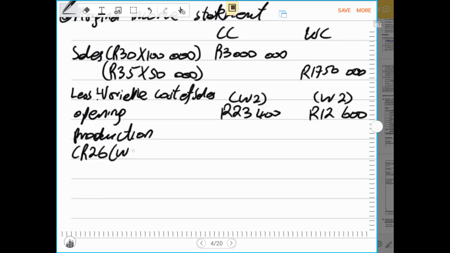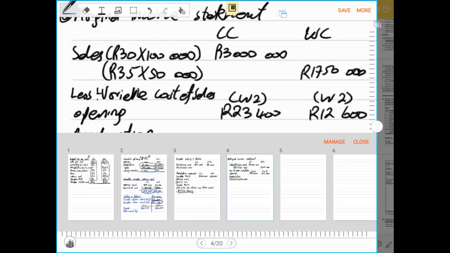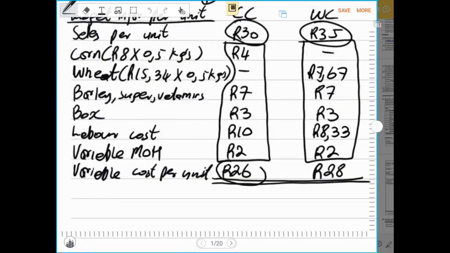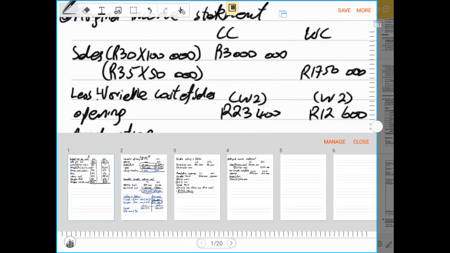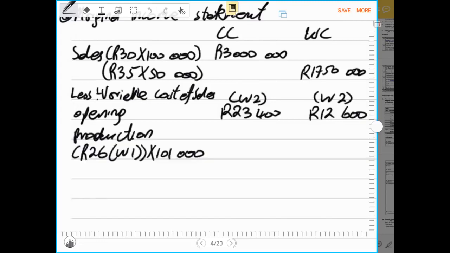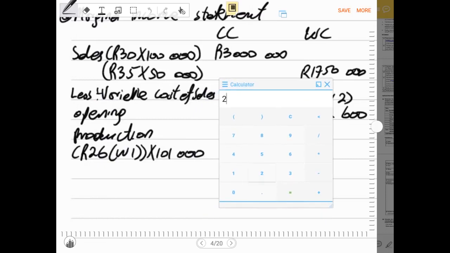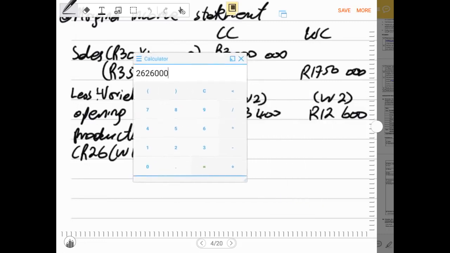Remember, 26 rand is working number 1, so refer to working number 1. Times that by budgeted production, and the budgeted production is 101,000. Remember, my cost per unit was calculated here. This was 26 rand. I times this by the production cost. So now I have to give instruction to the examiner in terms of where this 26 rand is coming from. Therefore, this will just be 26 rand times 101,000, and this will give me 2,626,000.